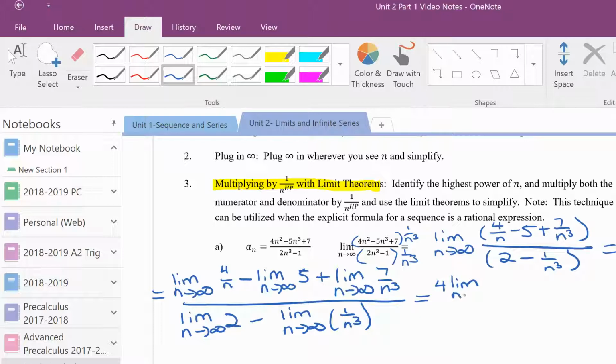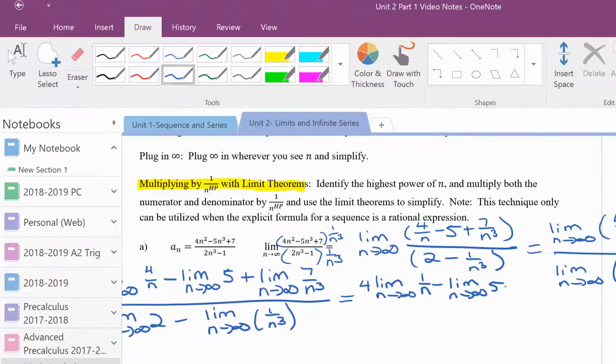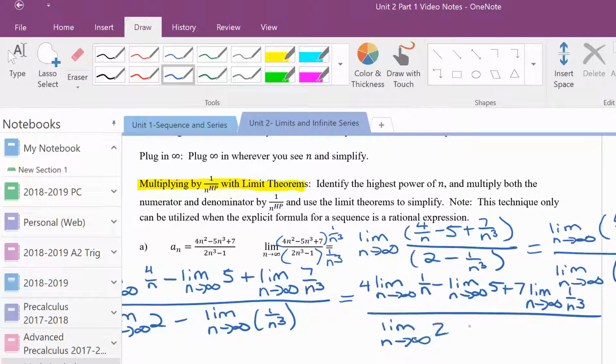So 4 times the limit as n approaches infinity of 1 over n minus the limit as n approaches infinity of 5 plus 7 times the limit as n approaches infinity of 1 over n to the third over the limit as n approaches infinity of 2 minus the limit as n approaches infinity of 1 over n to the third.